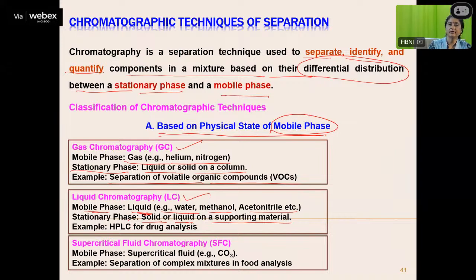An example is HPLC for drug analysis. Now there is supercritical fluid chromatography, or SFC. The mobile phase, again as the name suggests, is a supercritical fluid, and mostly carbon dioxide is used for this. An example is separation of complex mixtures in food analysis.